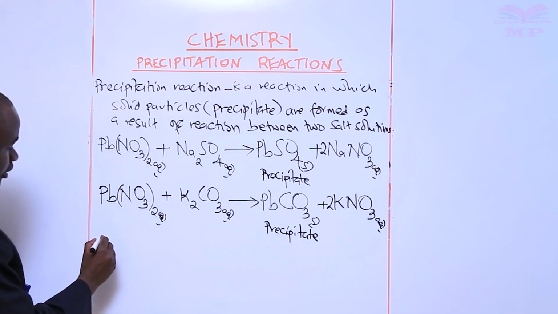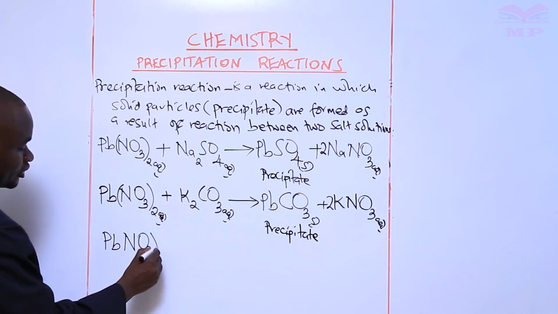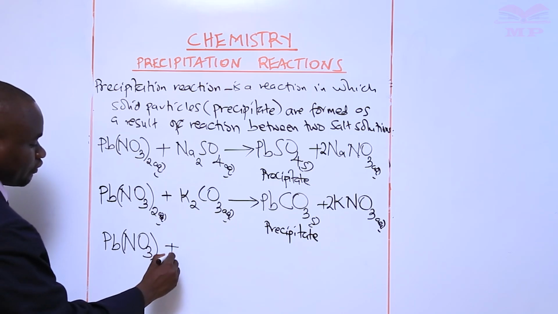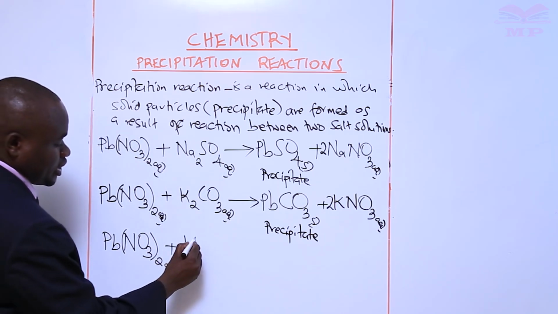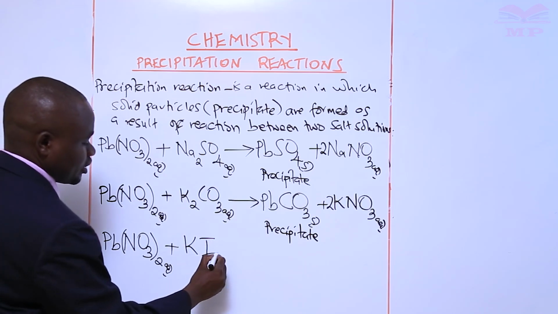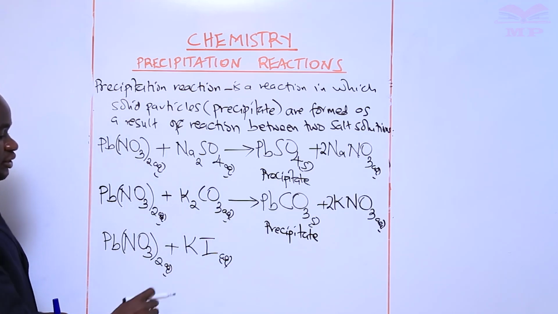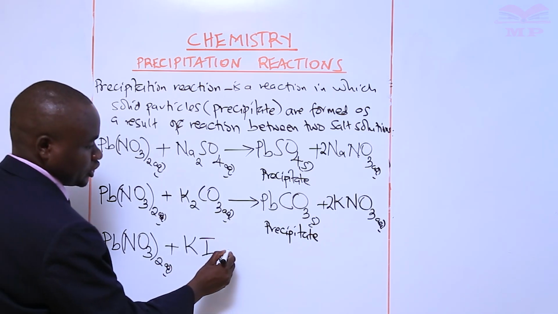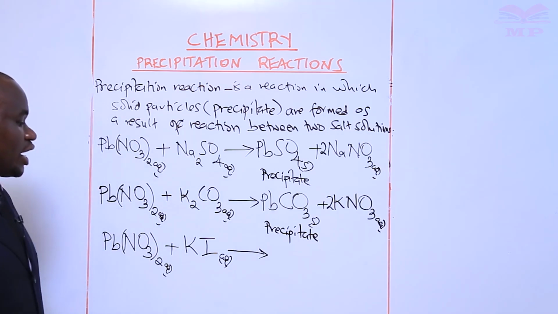Another example can be the reaction between lead. We have quite a number. So long as you pick two soluble salts, then you should be able to get the products. We have another salt here called potassium iodide. Potassium iodide reacts with lead nitrate. The two react by exchanging ions.